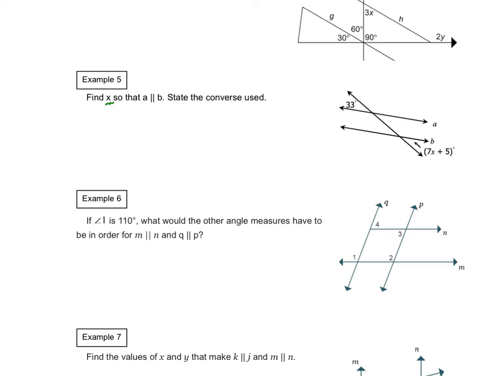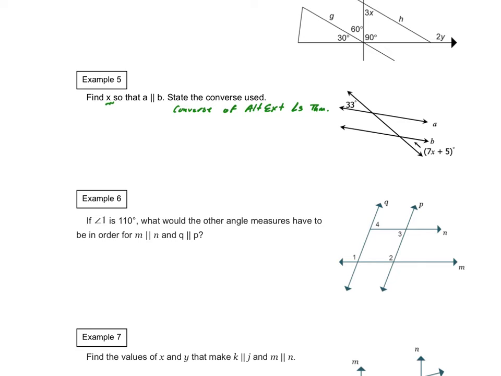So we want to work with the converse of the alternate exterior angles theorem. The theorem states that if two alternate exterior angles are congruent, then the lines are going to be parallel.